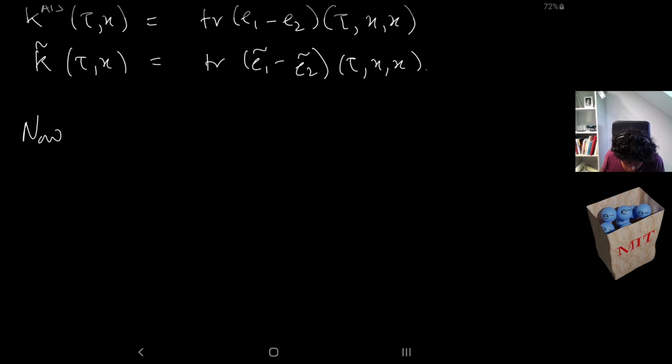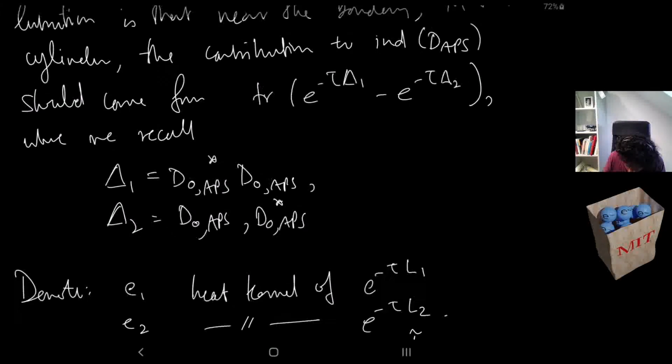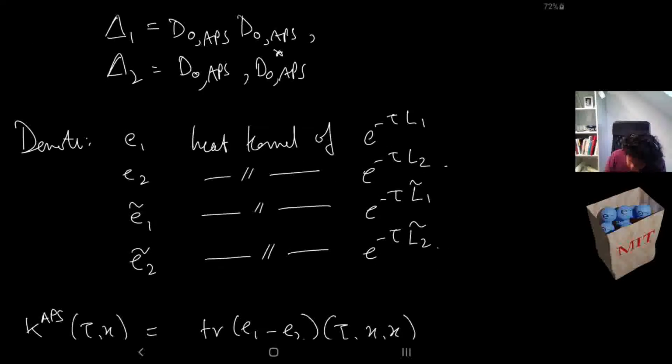Okay, so we are running out of Greek letters. What is a reasonable Greek letter that I can use? Now let psi 1 of t be equal to 1 in, say, 0 to rho on 2. So we want to quantify some things, so let's assume that this cylindrical neighborhood is U rho, right? So we have to fix that.